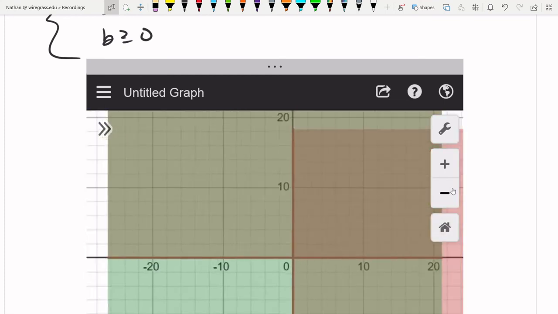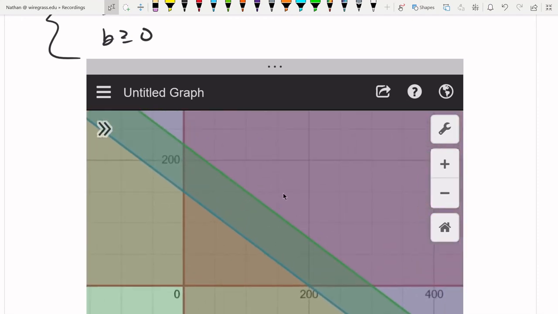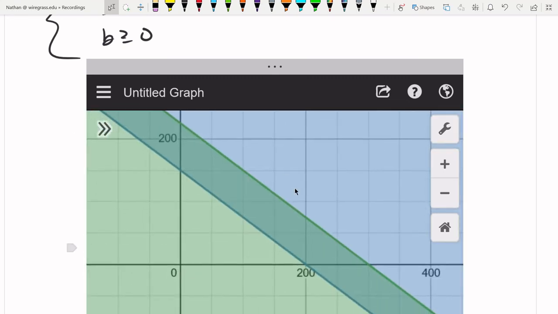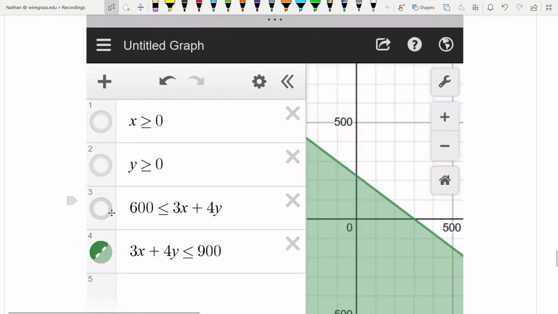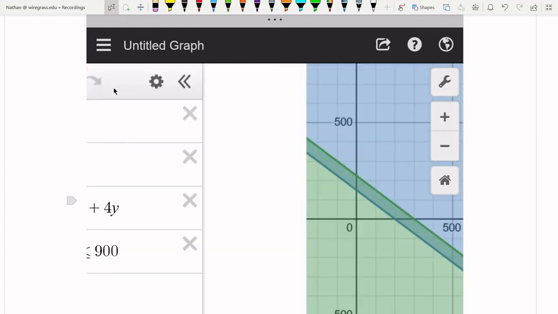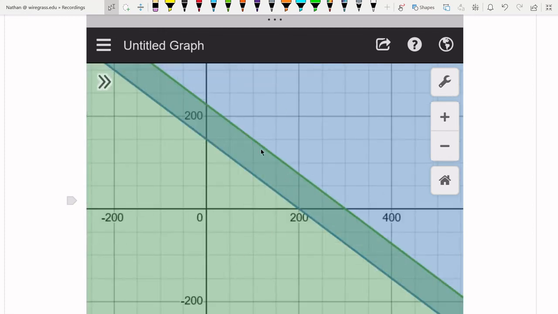And so this is our system. Of course, we know we're in the first quadrant, so there's really no reason to plot those 2 points. And in this region here, we have everything greater than this blue line, so everything up here, and everything less than this green line, so everything down here.